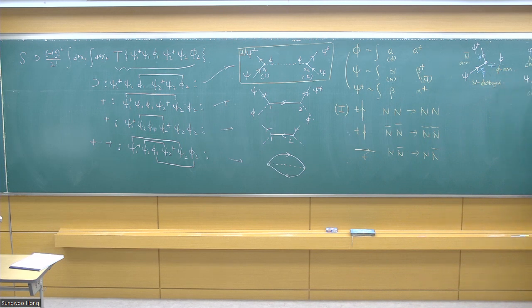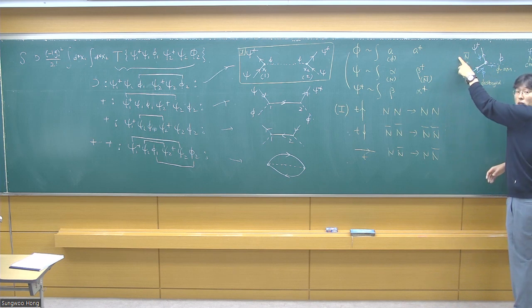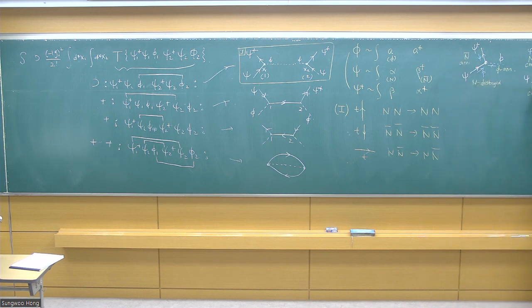And the simple rule is that if the momentum flow is the same as the charge flow, it is n. Okay, let's check. If the momentum flow is the same as this, it's n particle. If the momentum flow is opposite to the charge flow, it's the antiparticle. Let's check. If the momentum flow is opposite to that, it's antiparticle. And for real, it doesn't matter. It's the same thing. Now you're ready to follow me to interpret this.